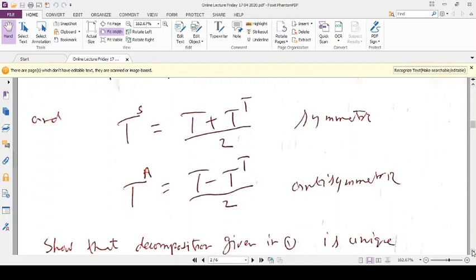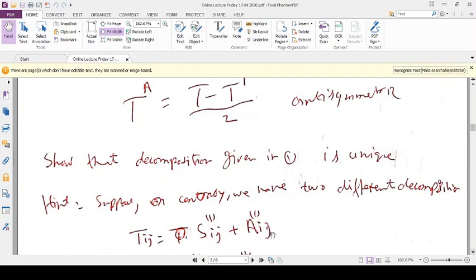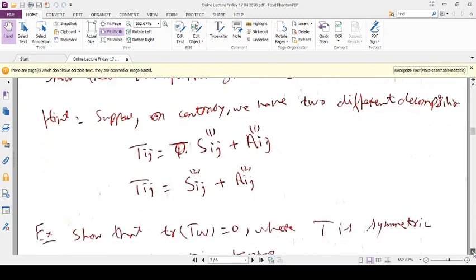So you have to show that this is a unique decomposition. You can start from here. On the contrary, you will suppose that there are two decompositions, that the decomposition is not unique, so you can take two different decompositions. Tij equals Sij 1 plus Aij 1.